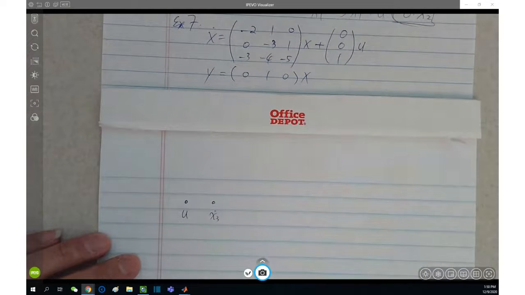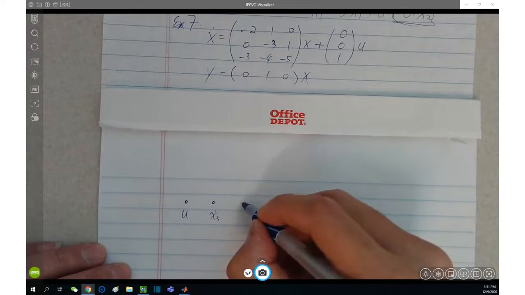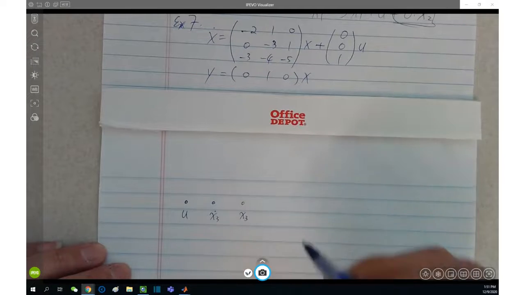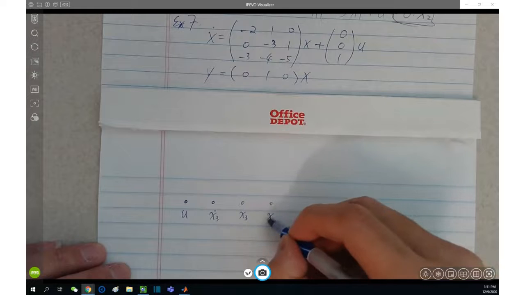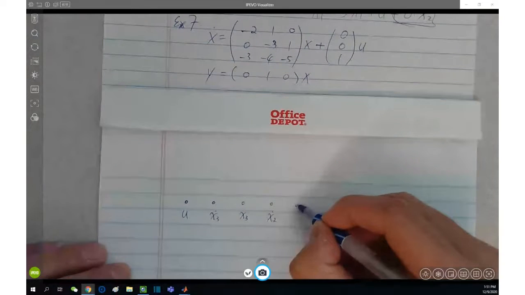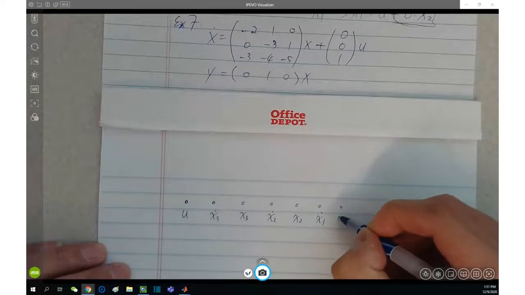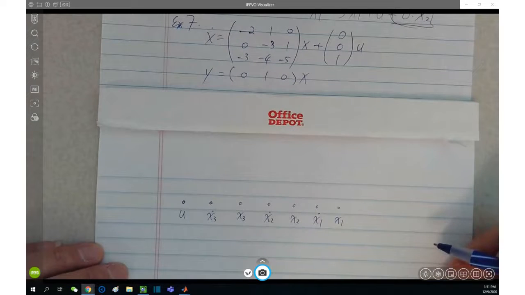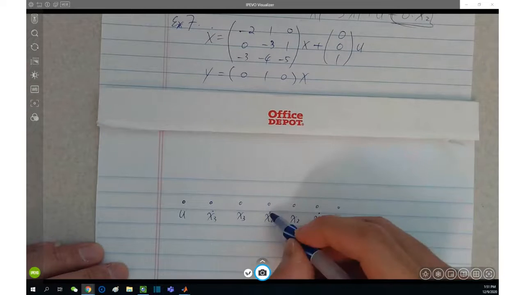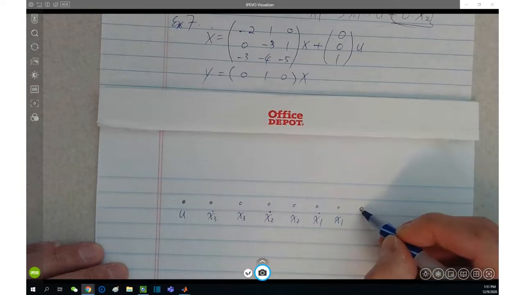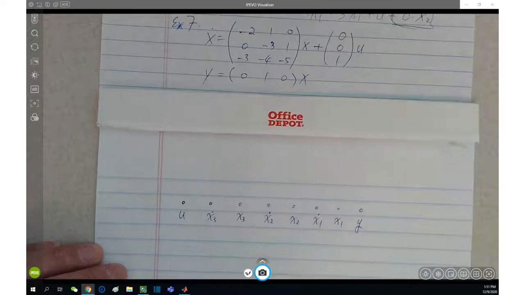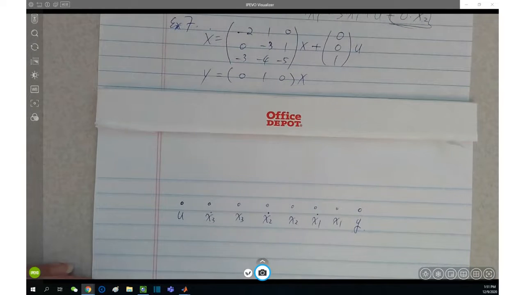The derivative of the last state variable, followed by the last state variable, and then x2 dot, followed by x2, and then x1 dot with x1. And that's it, right? That's all of the state variables. And of course, at the end is the output. And these are the signals.